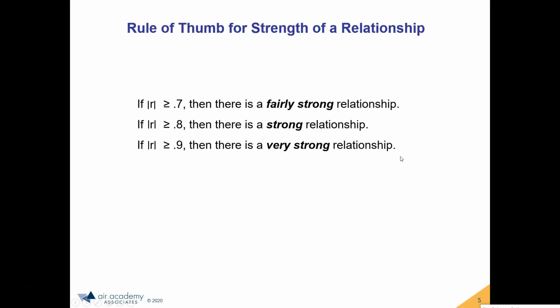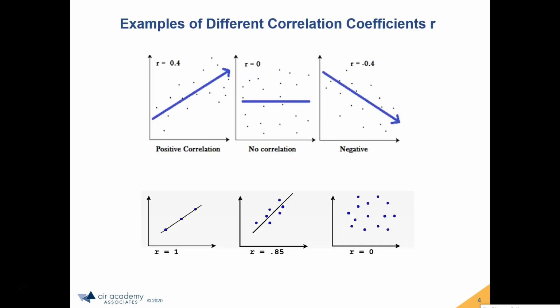Now let's put some numbers to the correlation coefficients. Let's see what kind of clustering we have about a line. The magnitude of the correlation coefficient tells you how tightly clustered the points are around a line. That's that linear function again we talked about. And R here is about 0.4, not very strong. Points are spread out quite a ways beyond the line on both sides.